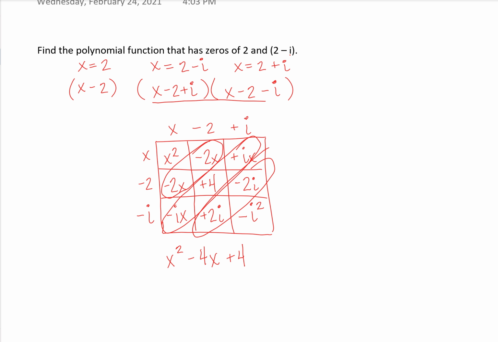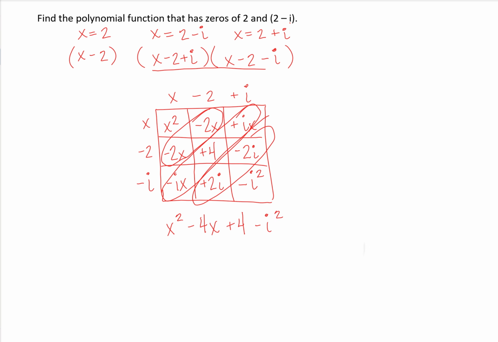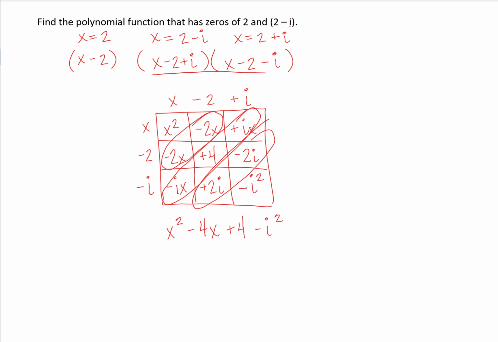And then, of course, that positive 2i, negative 2i, they cancel each other out, and I am left with that negative i squared. Well, remember, i squared is technically a negative 1. So, again, I have x squared minus 4x plus 4. This becomes a negative 1, and obviously a negative 1 makes that a positive. That positive 1 adds to that 4, so I end up with x squared minus 4x. This becomes positive. That's 4 plus 1, so that's a plus 5.